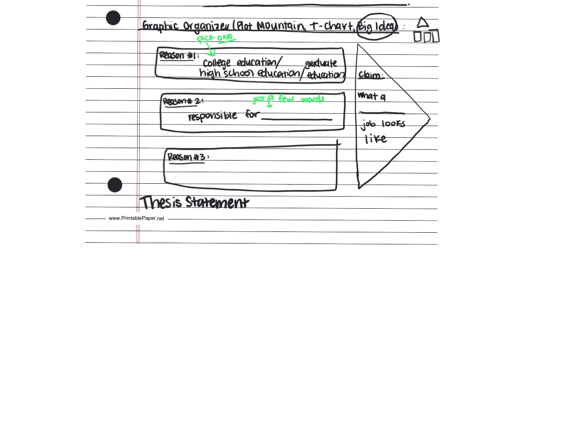And then the last reason is going to be what kind of salary. So is it going to be high, a medium, or a low salary? Okay, so go ahead and pause here. Make sure that you have filled in every single one of these boxes. And then we'll move on to our last point, which is our thesis statement.